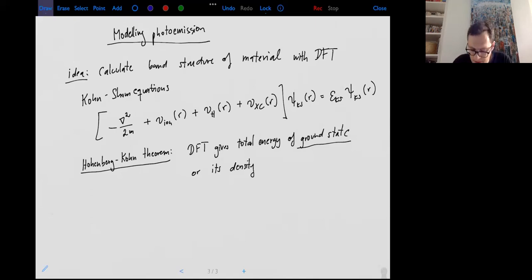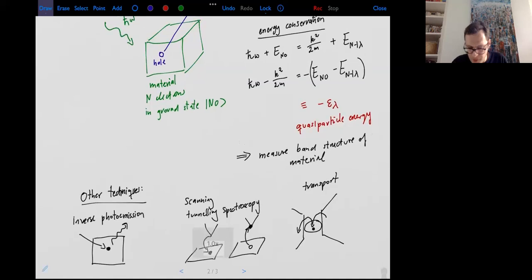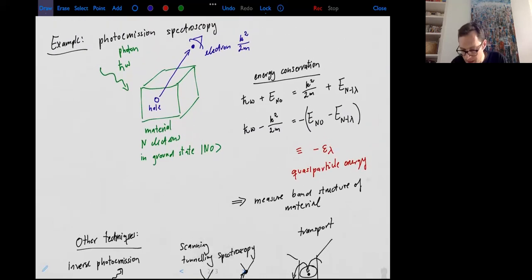Right, so those are calculated. Those are the basic quantities that we calculate in DFT. Now, you already should be quite suspicious, because DFT gives ground state properties, but when you go back to what I've just told you about photoemission spectroscopy, I've told you that photoemission spectroscopy involves excited state energies of the n-1 electron system.